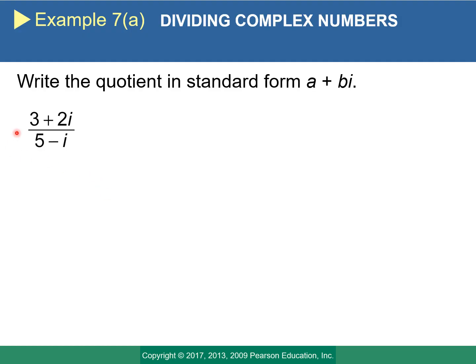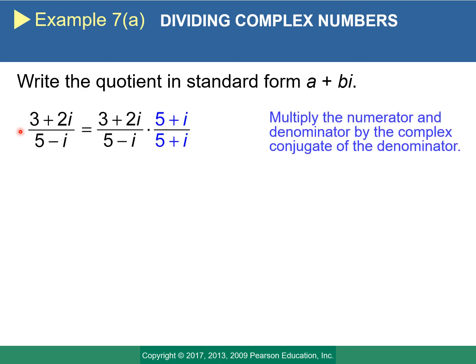Alright, so this is going to be dividing. So far, just to recap, we've added, subtracted, and multiplied with complex numbers. So now we're going to divide, and this one's a little different, so I want to make sure you see that we're doing something different now. It says write this quotient, which just is the answer to division, in standard form. And so you might think maybe I should try long division or something like that, but here's the trick.